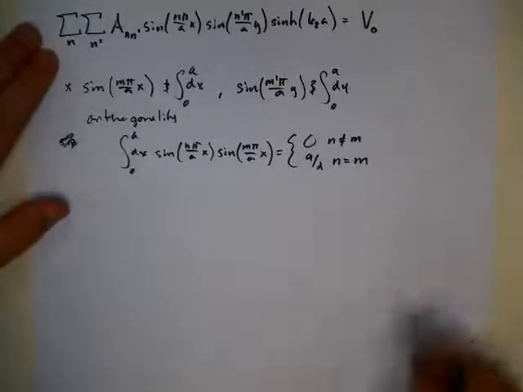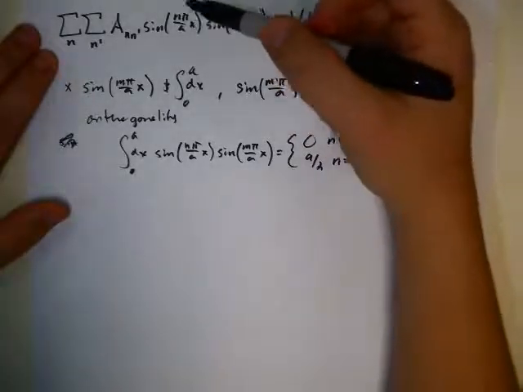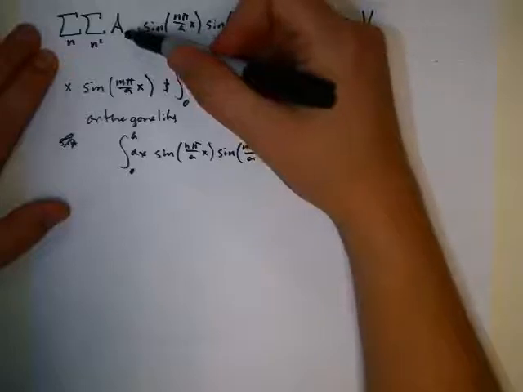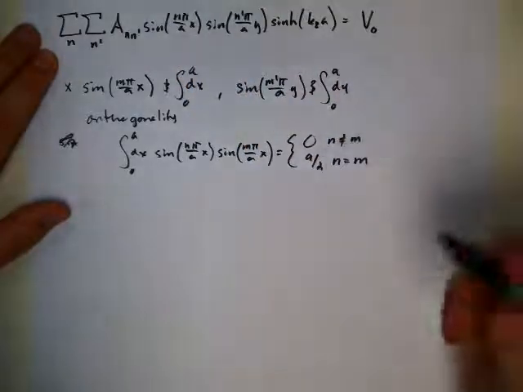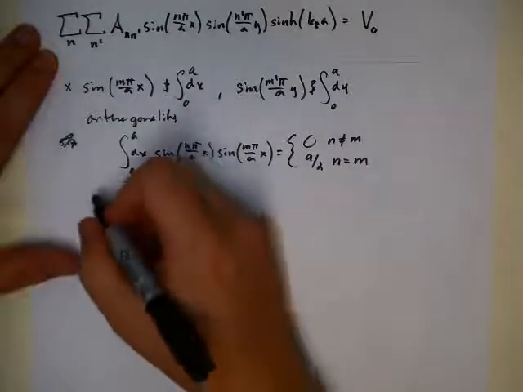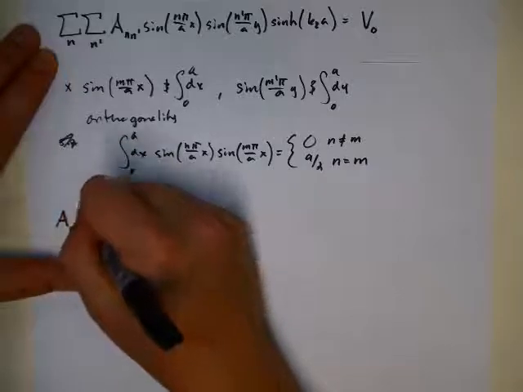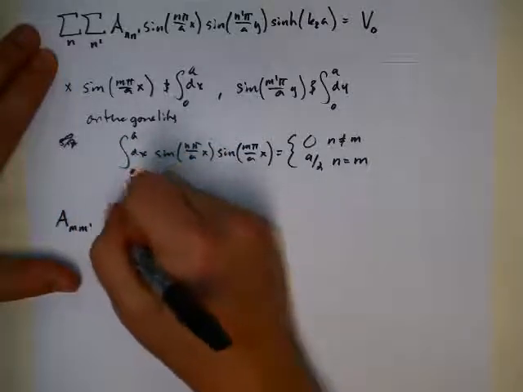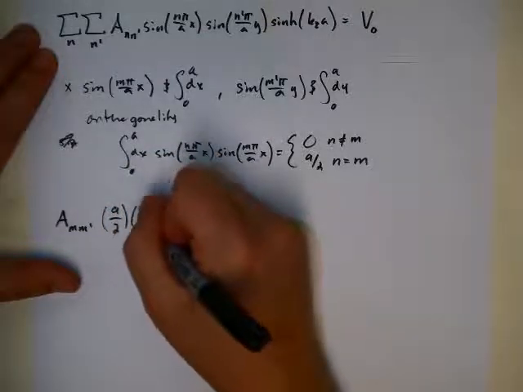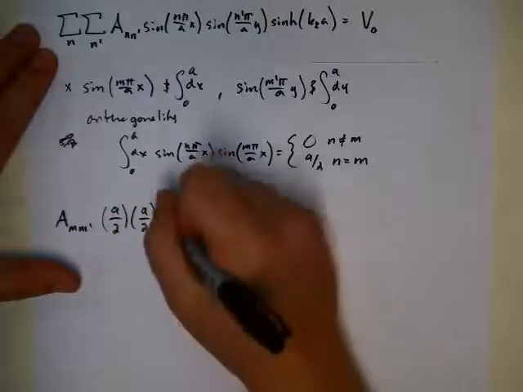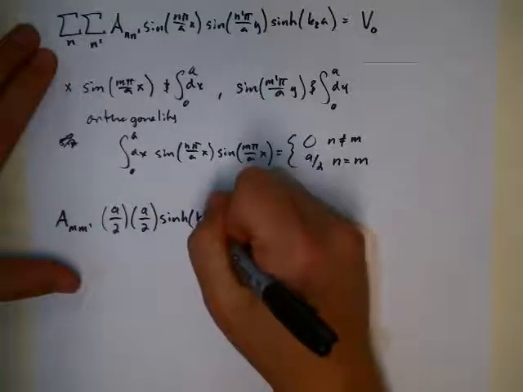And so even without writing the integrals on the left-hand side, since I know that my n's are going to go to m's, and my sines are going to be replaced with a over 2, the left-hand side now can be written as A m m prime, a over 2 for the x, a over 2 for the y, and then I still have a sinh of kz a.